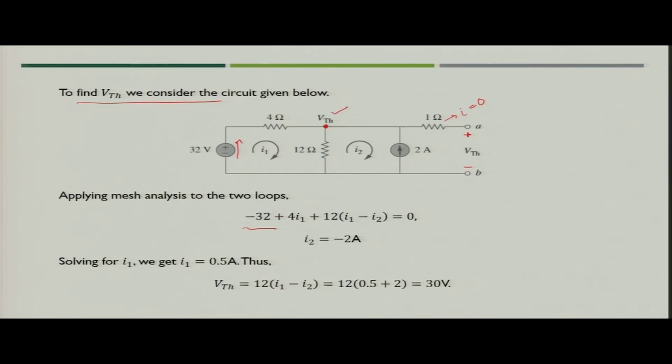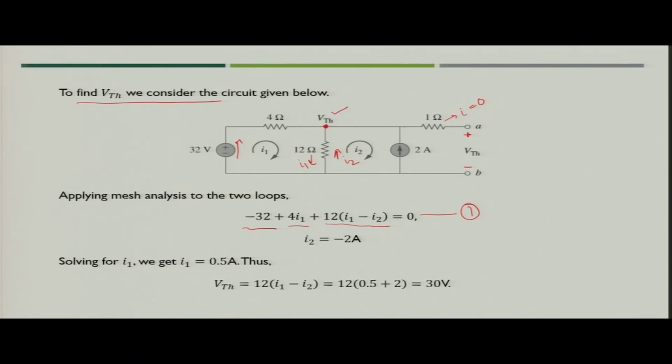This will be minus 32 plus 4 I1, then 12 (I1 minus I2), because I1 would be flowing in this direction, I2 would be flowing in this direction. So, net current would be I1 minus I2. So, this will become 12 into (I1 minus I2), and that would be equal to 0. So, this is the first equation which you get from mesh 1.